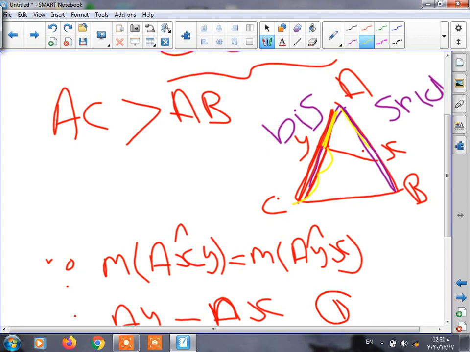And I cut AX from AB, the remainder will be XB. And we said that if we have an inequality and subtract or add a constant value from it, the sign stays as it is. That means AC is more than AB. I cut the part AY and cut the part AX and they are equal. So the remainder of AC is more than the remainder of AB.